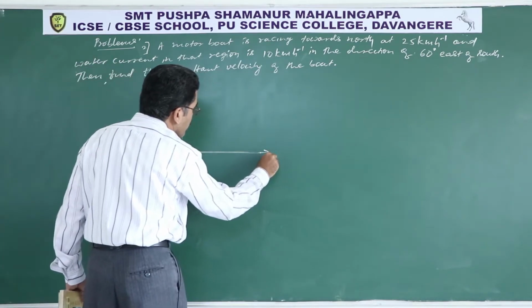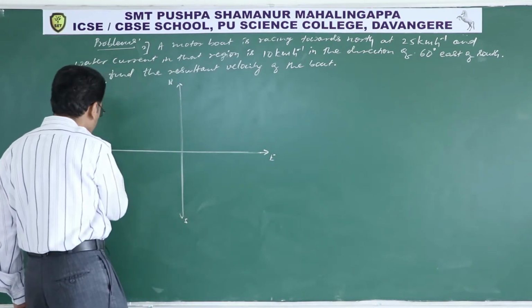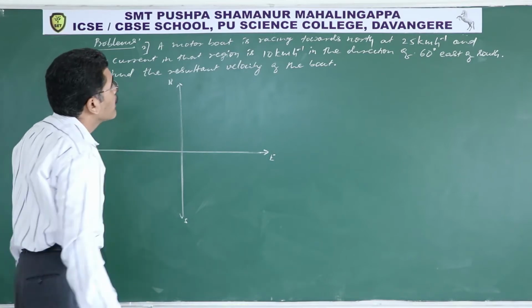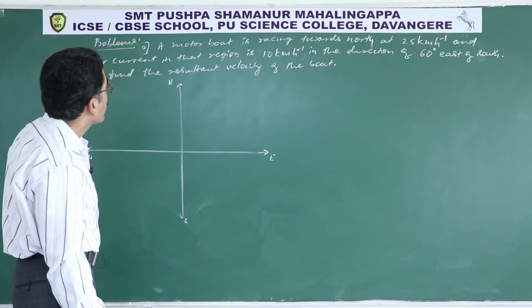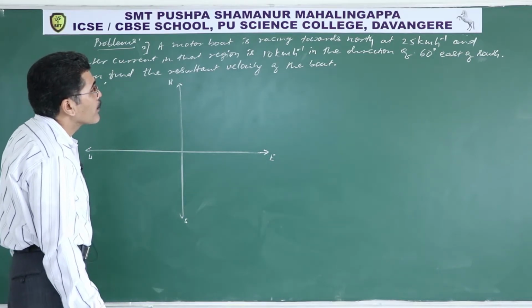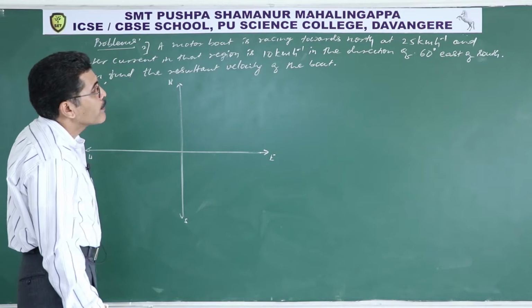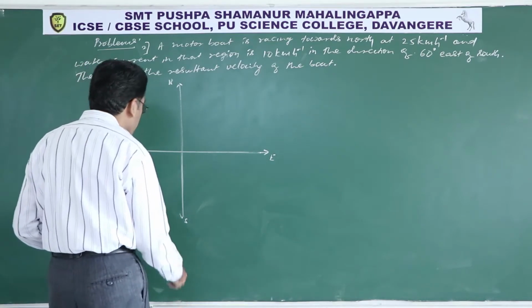So this is east, north, south, west. The motor boat is racing towards north with 25 km per hour. The water current is towards east of south. What is its direction?